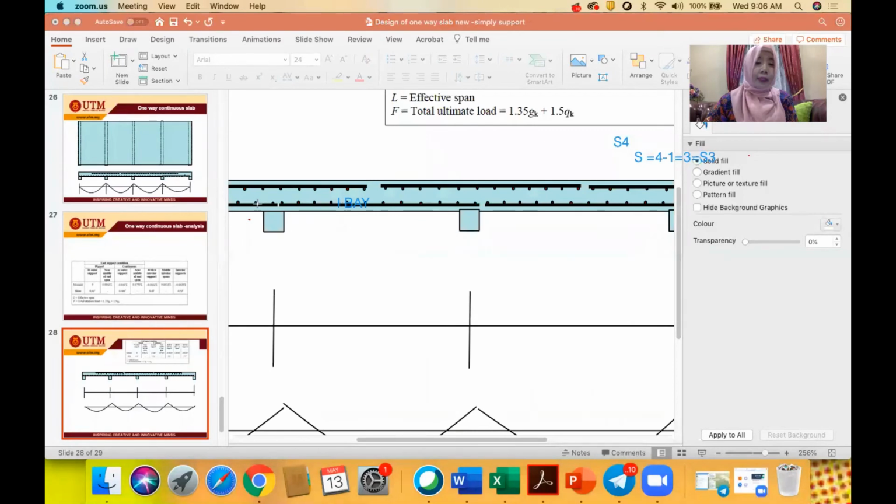So this is the secondary bar actually, the dot one. The secondary bar is equal to As min. Every dot you can see here is a secondary bar with the minimum As min. So you don't need to design.